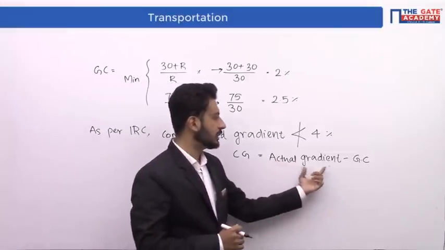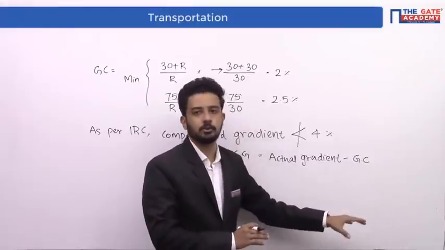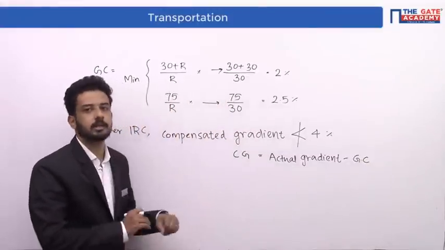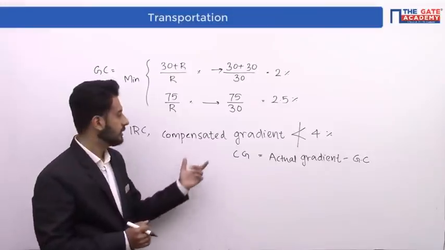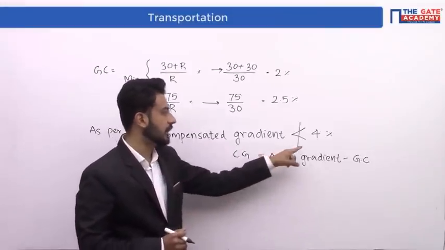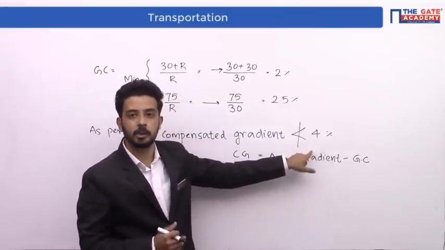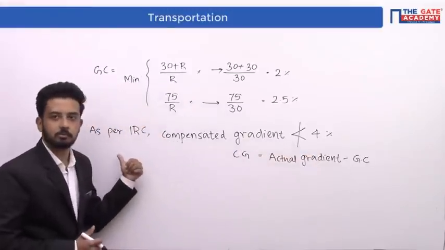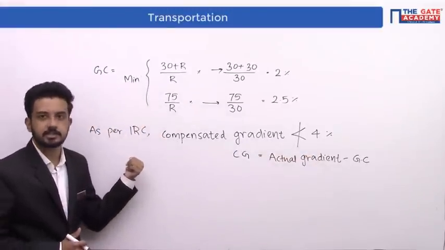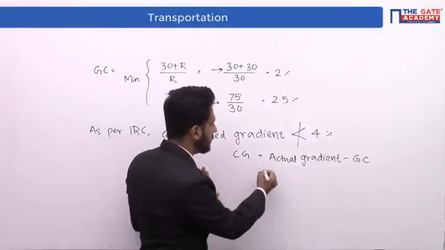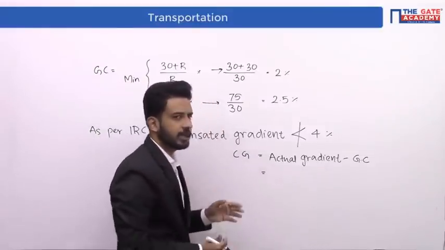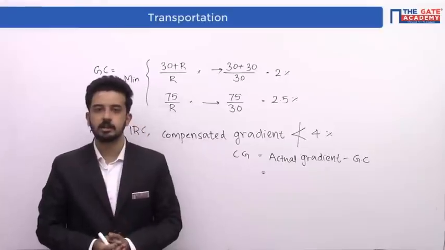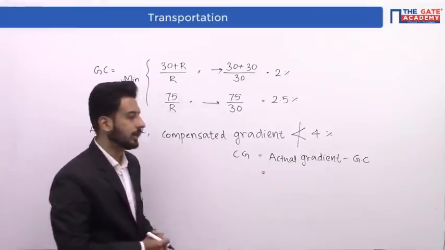So, from the actual gradient, we are subtracting some value and we are compensating the losses happening. So, that compensated gradient, we have to check whether we are obeying this rule given by IRC. Correct? So, what it will be? Actual gradient. They have given in the question, no? What is that? 1 in 20.